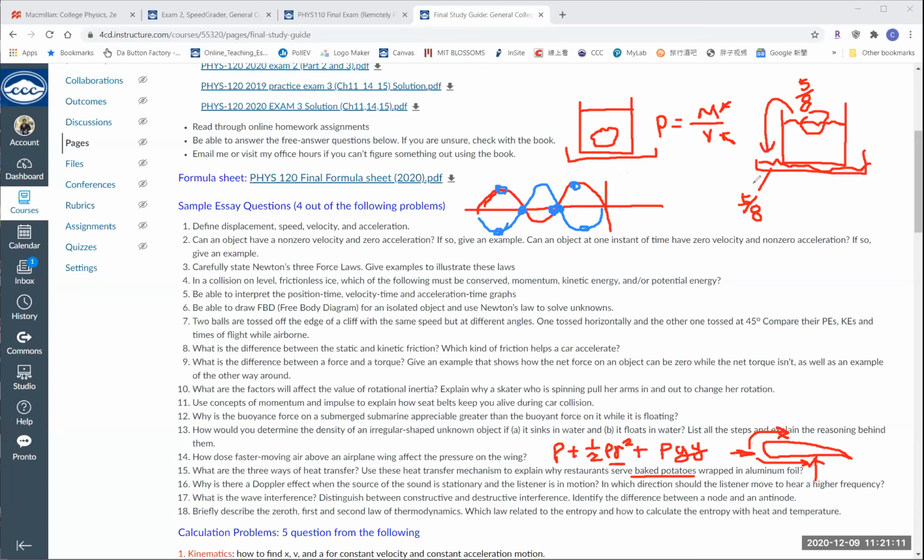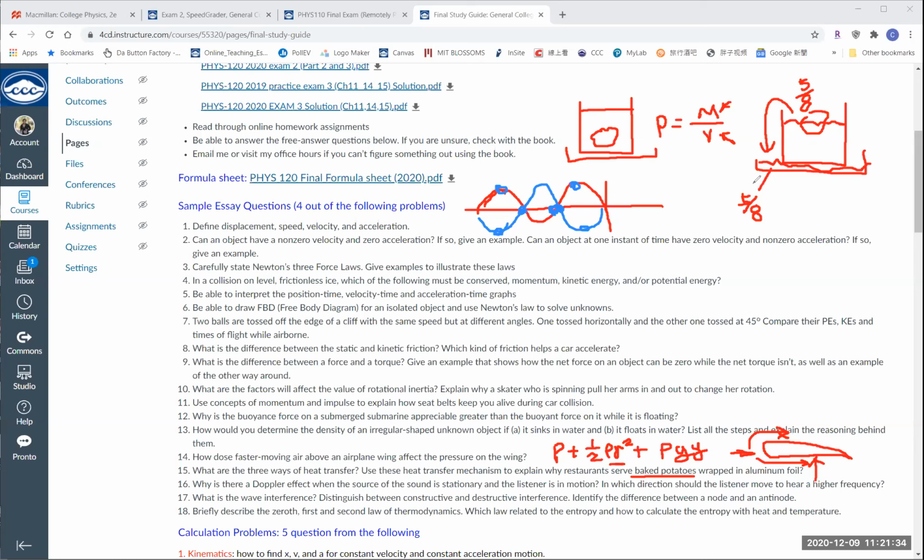Okay, the last one, briefly describe the zeroth, first and second law. The zeroth law is the thermal equilibrium, which is the one where we calculate the heat required to change the phase or to change the temperature. The first law of thermodynamics is about the conservation of work and energy.